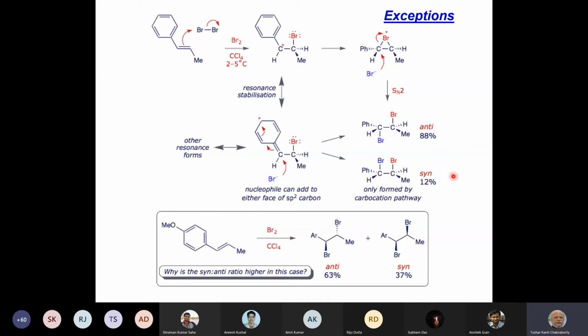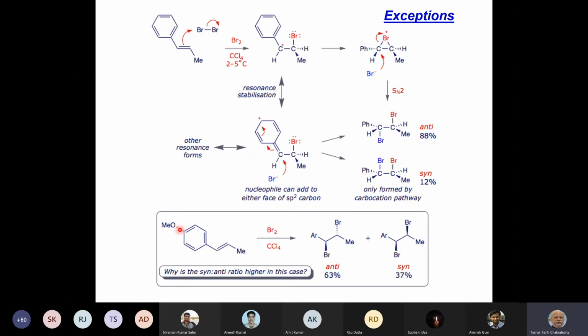And you can also think about why, with a substrate that has a methoxy substituent, the amount of the required product is going down, and you get more reaction going through the carbocation pathway.